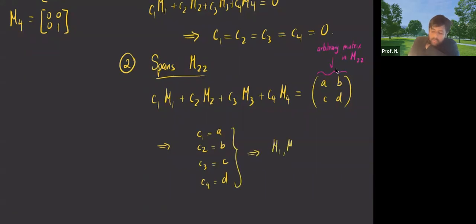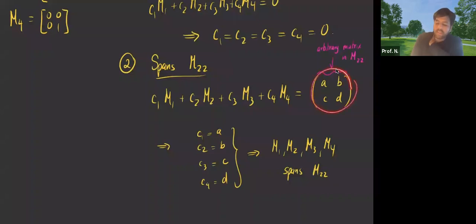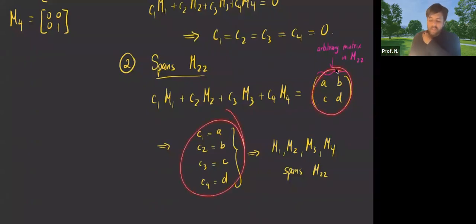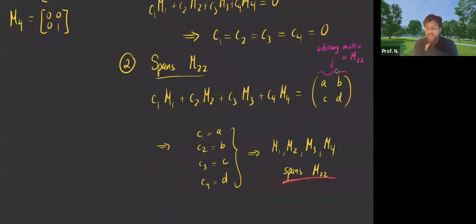M1, M2, M3, M4 spans M22. Why does this span again? Because this is an arbitrary vector, and I just showed you that for any given arbitrary vector, the coefficients are found. They're simply the components of that matrix. And this goes for any matrix in M22. So because any matrix can be represented as a linear combination of M1, M2, M3, M4, then it spans M22.